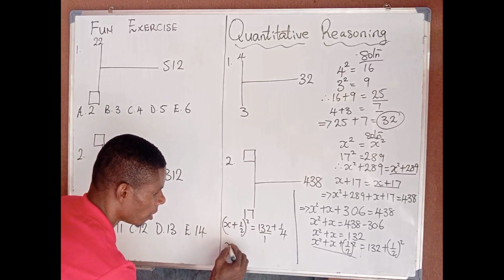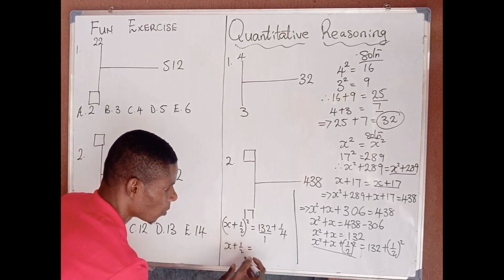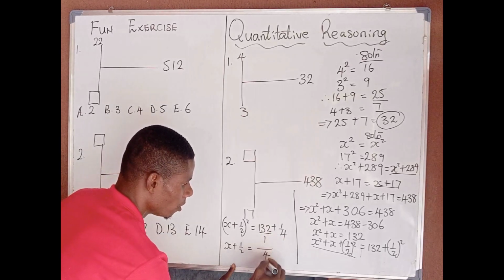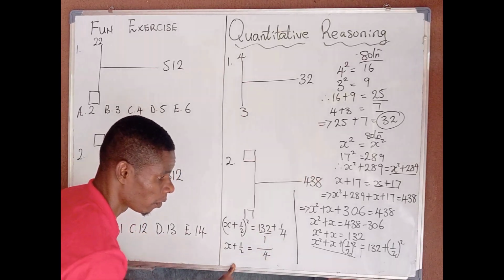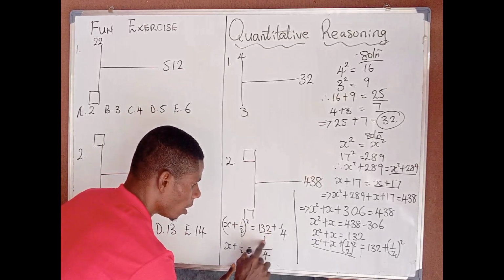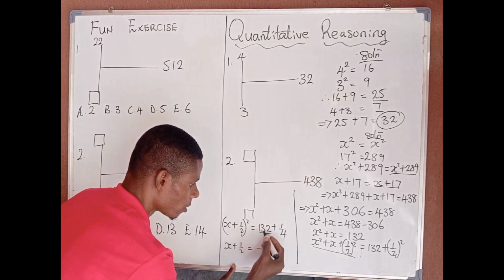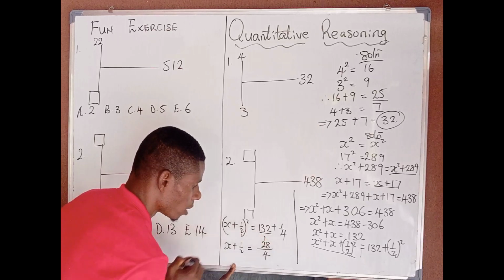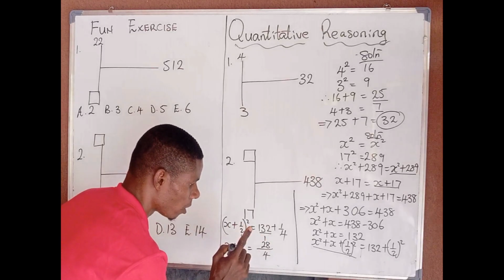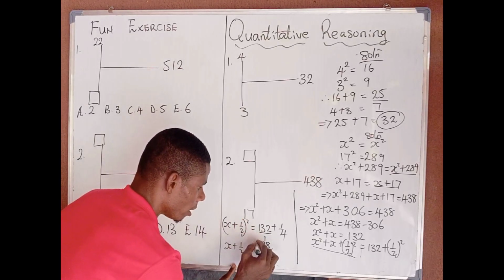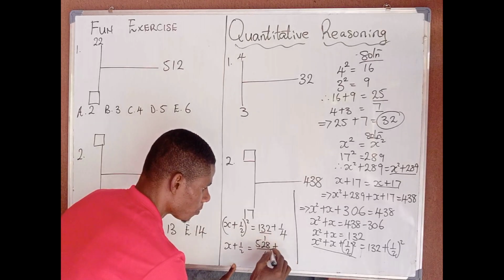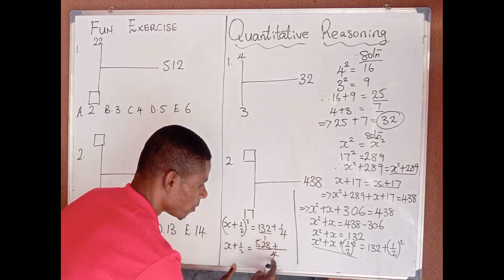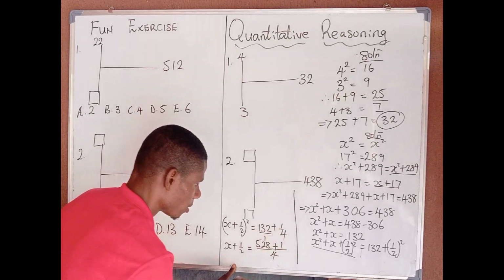So this can be x plus 1 over 2 equals to, LCM of 4 and 1 is what? 4. 4 times 132, I'm going to have 528, then plus 1.